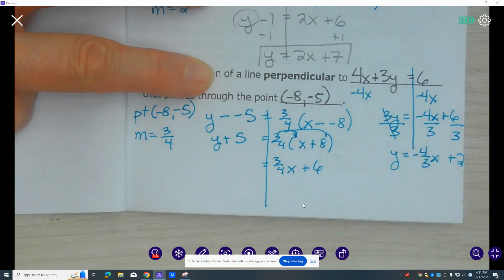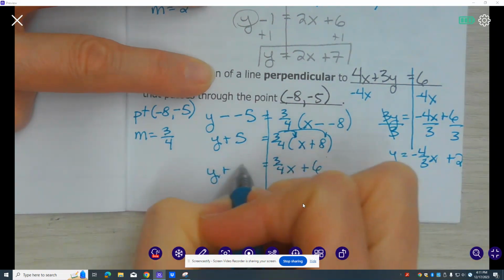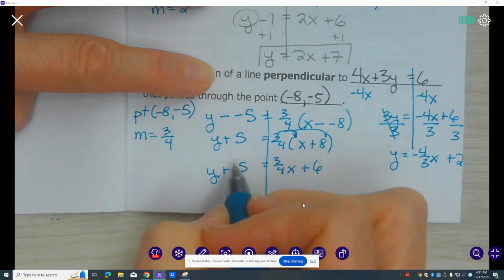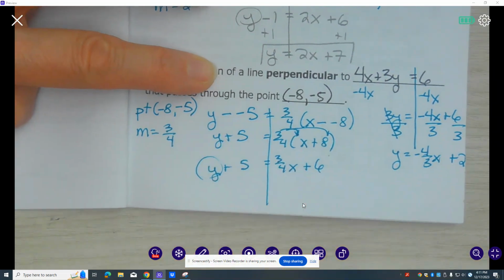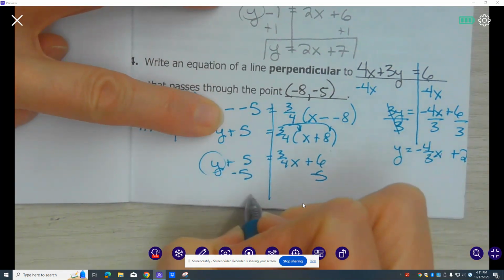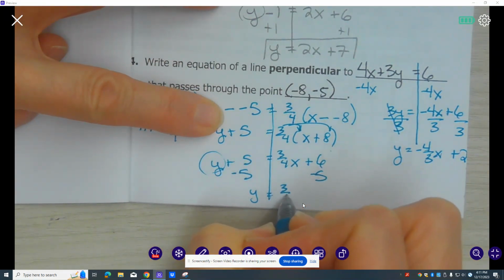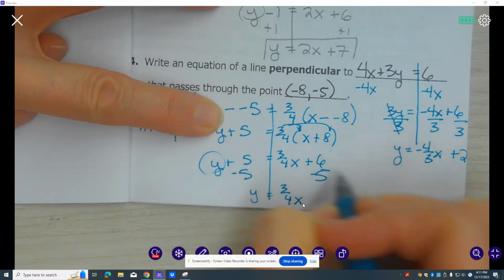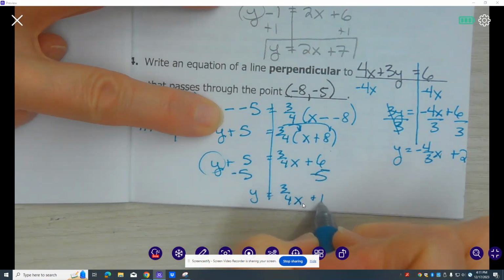That's 6. If you can't figure that out quickly like I did, then just put that in your calculator. Put 3/4 times 8. Okay, remember I'm trying to get y alone, so let's subtract that 5 from both sides, and I get y equals 3/4 x plus 1. 6 minus 5 is 1.